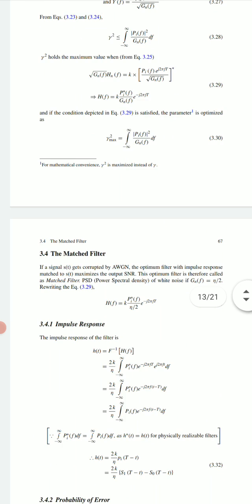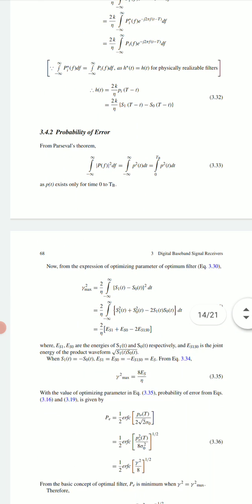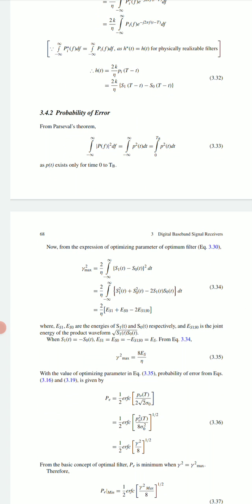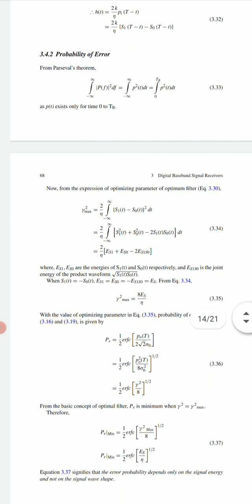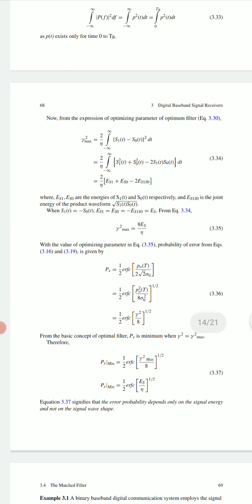Now we are supposed to solve for the matched filter when the noise is AWGN, additive white Gaussian noise. So when we solve its probability of error, you will get P of E equal to 1 upon 2 ERFC, p0 T upon 2 square root of 2 sigma0.